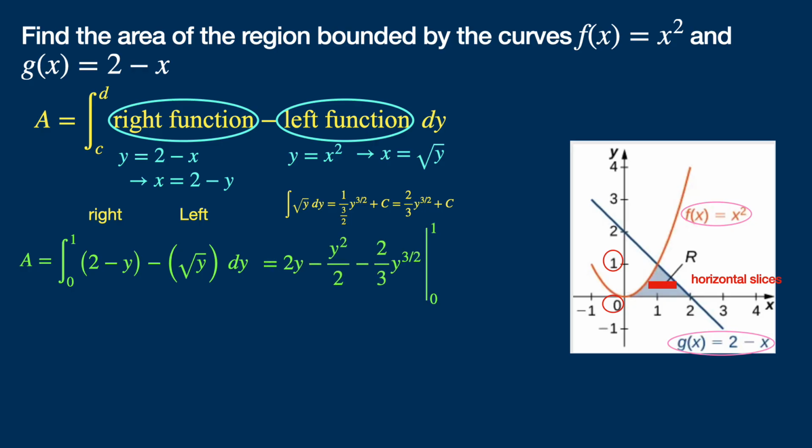So the antiderivative is 2y, minus y squared over 2, minus 2 over 3, y to the 3 over 2. You plug in the 1: 2 minus 1 and a half minus 2 over 3. Plug in the 0, definitely 0. You're going to simplify 12 over 6 minus 7 over 6. The area is going to be 5 over 6.